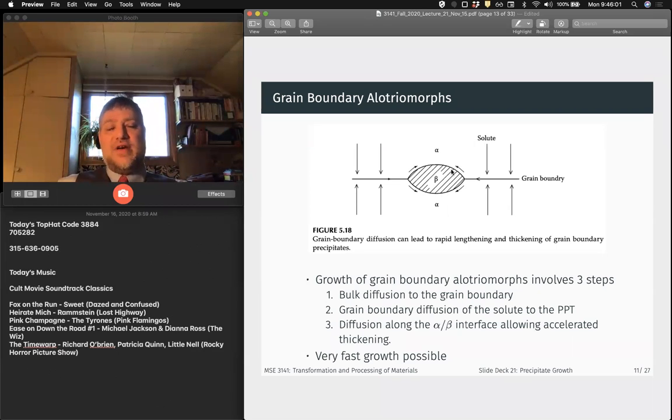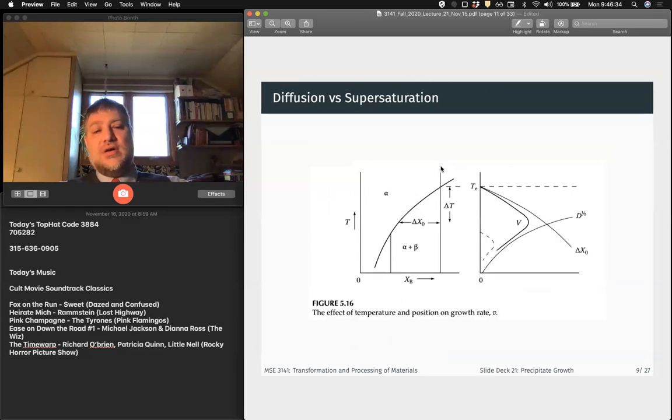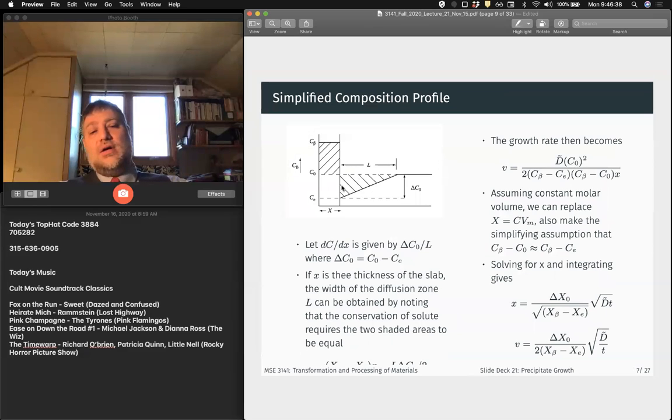If this is an incoherent interface, we have interface diffusion between alpha and beta. So we can actually diffuse this way and grow much faster than trying to only move bulk beta in from bulk diffusion this way. And so it changes our kinetics from what we had before, because our source for B isn't just coming this way. It's also coming along the interface this way.